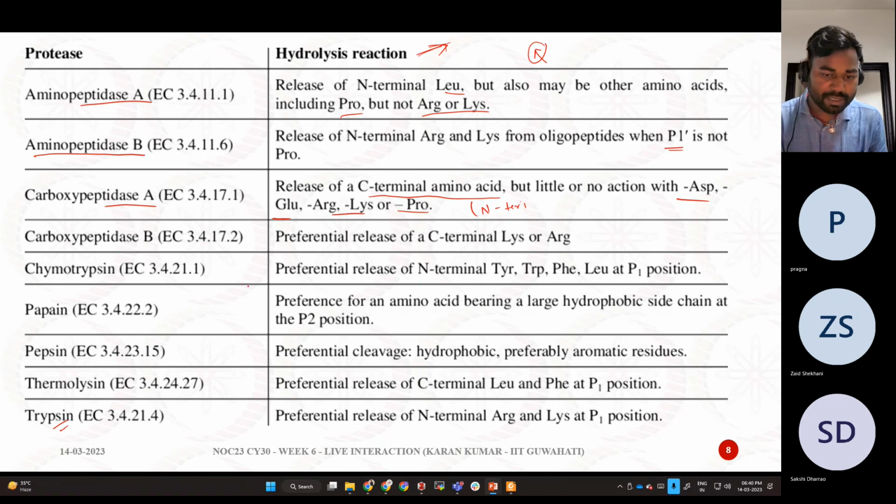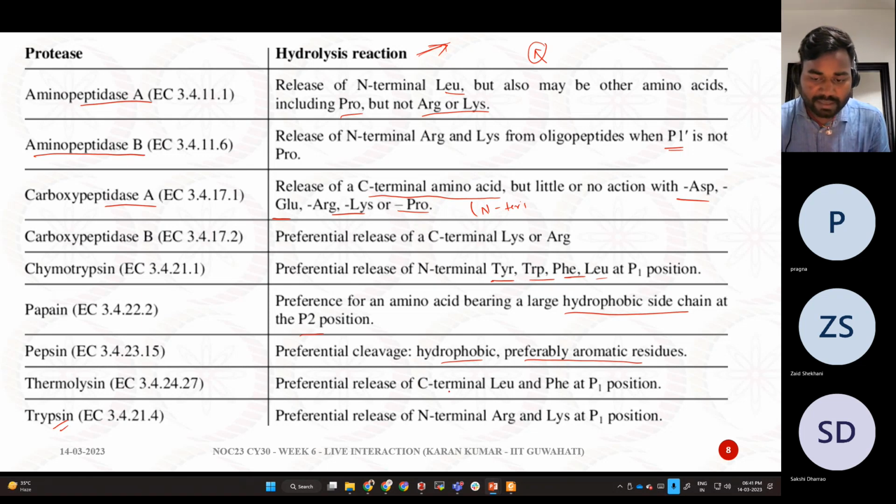Okay, so chymotrypsin preferentially releases the N terminal of tyrosine, tryptophan, phenylalanine, leucine at the P1 position. Papain prefers an amino acid bearing a large hydrophobic side chain at the P2 position. Pepsin cuts preferentially at hydrophobic and preferably aromatic amino acids.